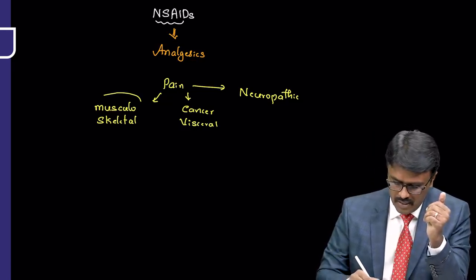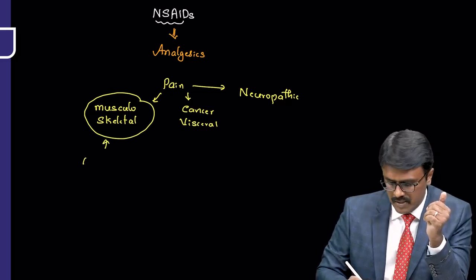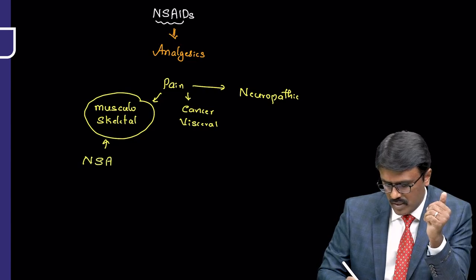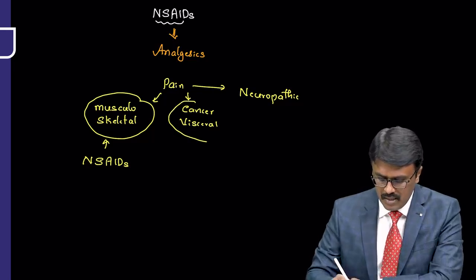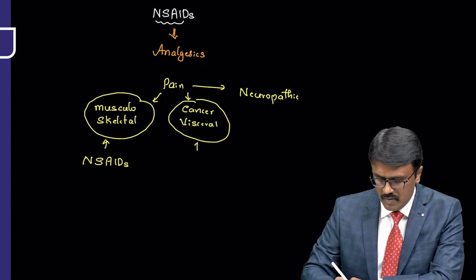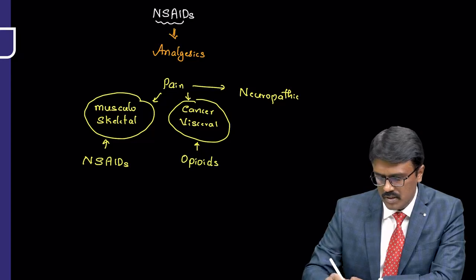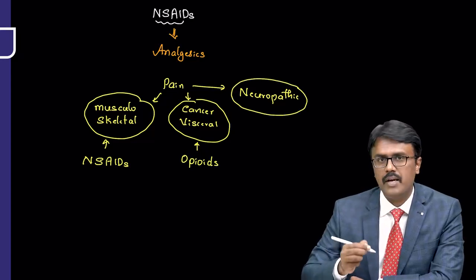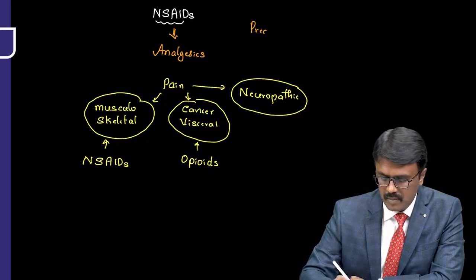So where do you use these NSAIDs? NSAIDs are basically used to manage the musculoskeletal pains. What about cancer and visceral pain? The drugs we use are opioids. What about the drugs we use for neuropathic pain? For neuropathic pain, we use certain drugs called pregabalin.